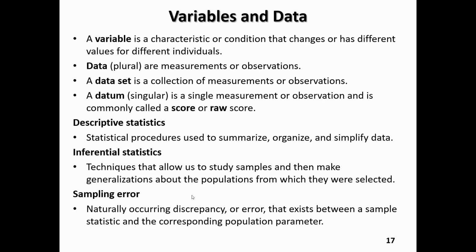Sampling error refers to just naturally occurring variability, discrepancies that exist between a particular sample statistic, a numerical value that was summarized from a group of data from the sample, and the population that we will estimate.